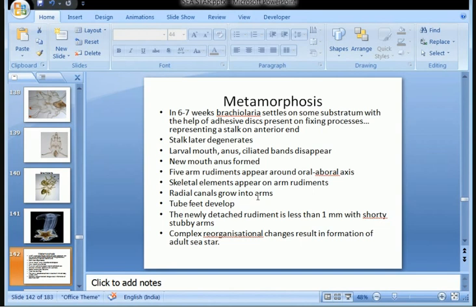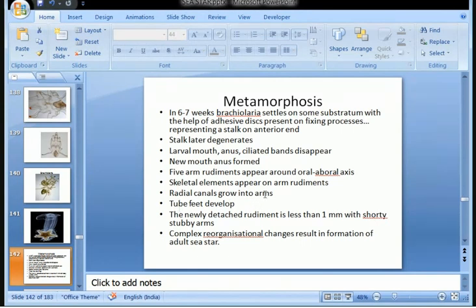Radial canals then grow into these arms, the rudiments that have formed. You see that they have formed from the exohydrocele, the hydrocele, the exocele, which later forms the stone canal.